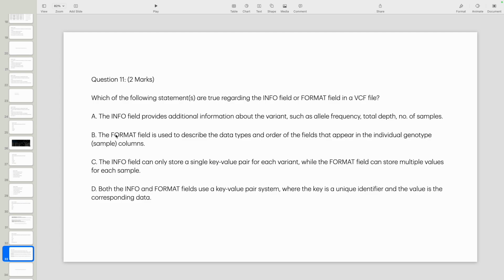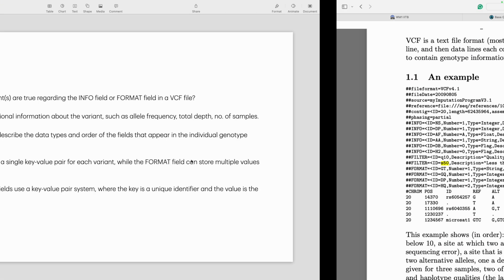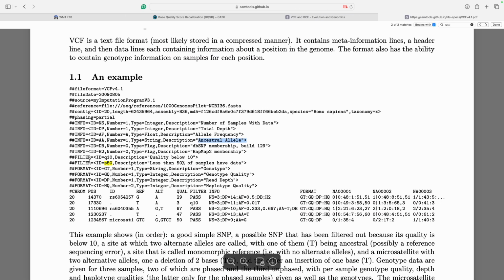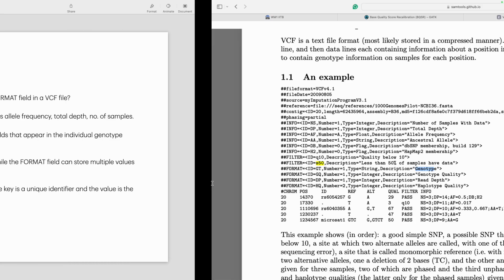The second option is the format field is used to describe the data types and order of the field that appear in the individual genotype columns. If we look into the filter column, we have the quality score, the genotype information, the read depth, the haplotype information.